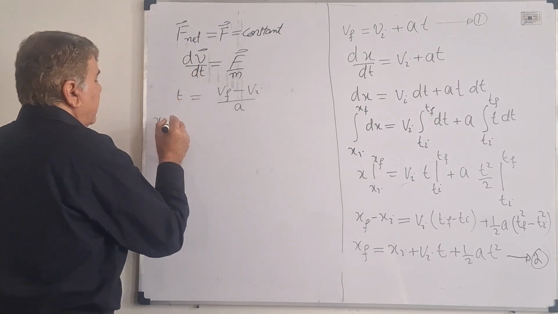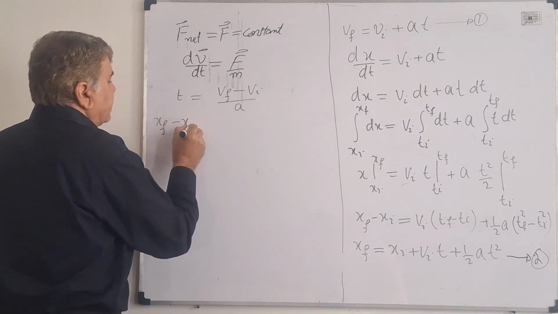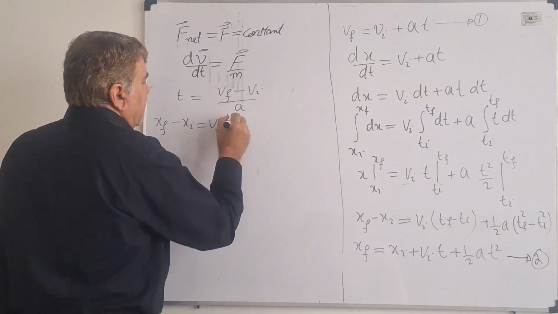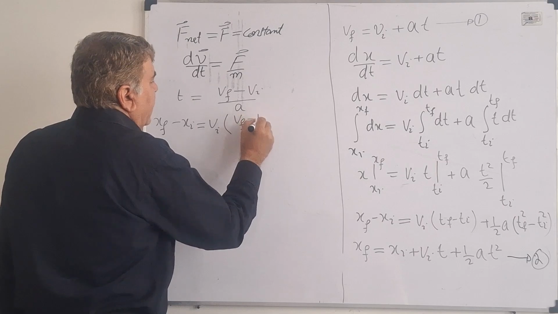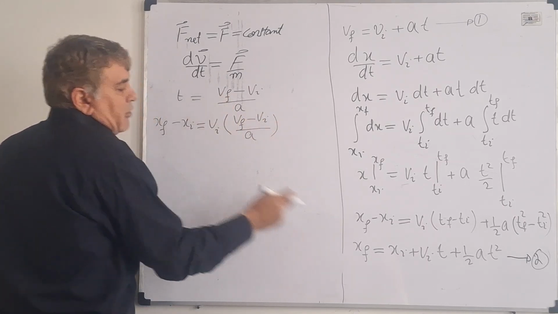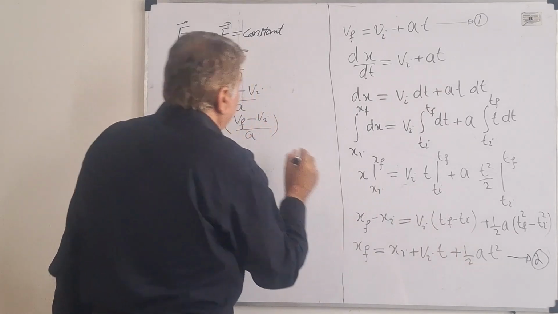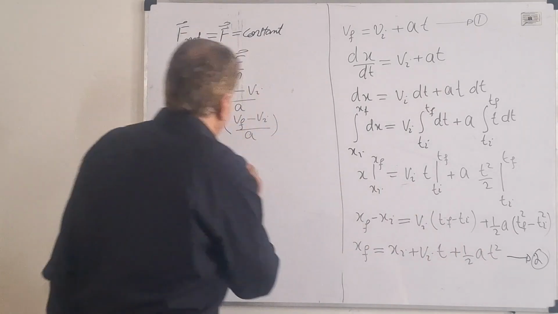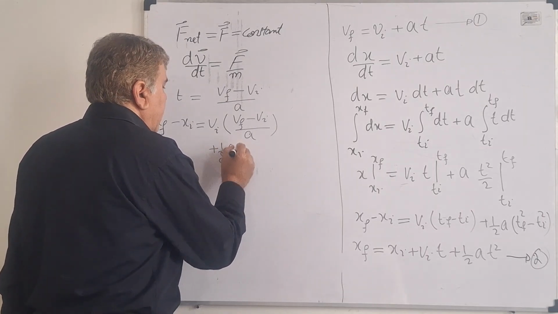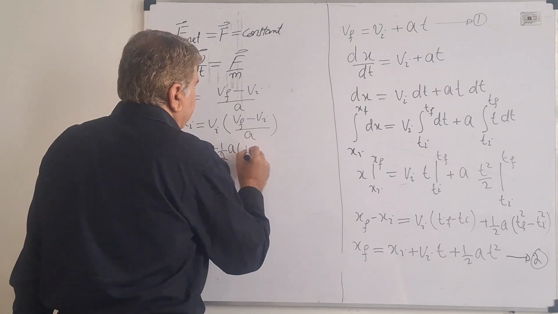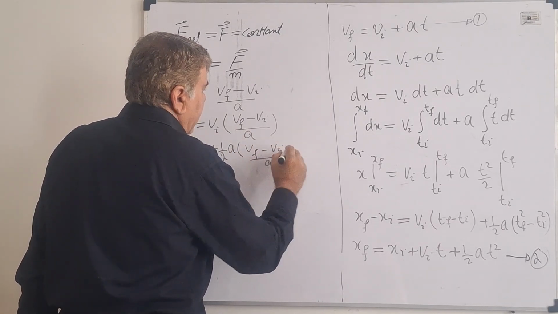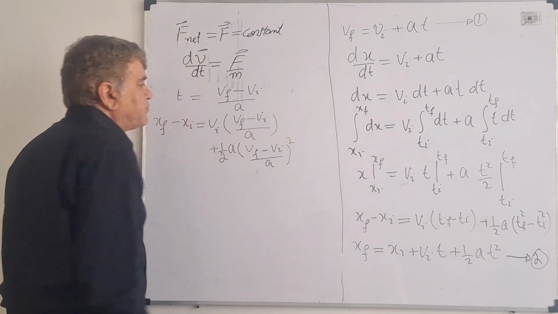xf, and I'm taking this to the left, so I write this as xf minus xi equals Vi multiplied with Vf minus Vi divided by A for this t, and then let me write this term in the next line, half times A into Vf minus Vi divided by A squared.